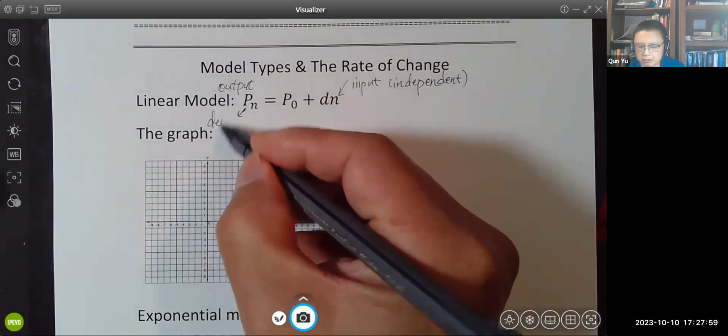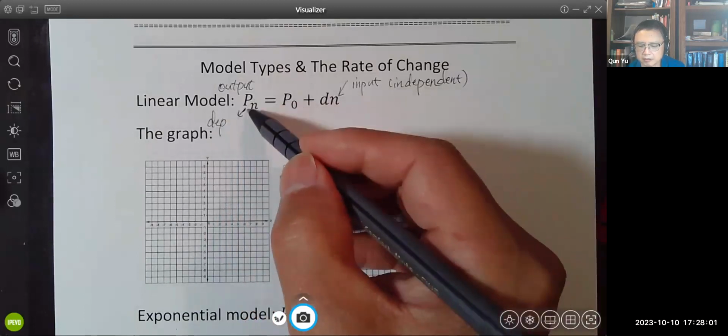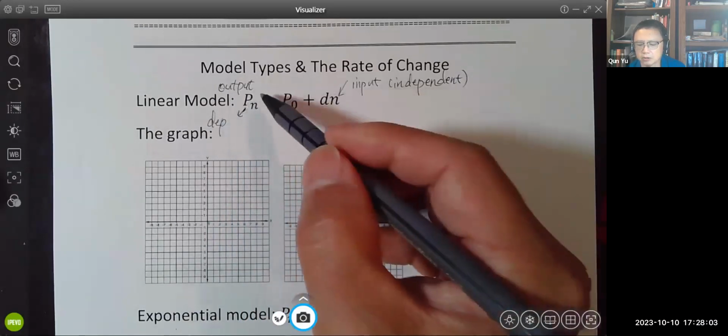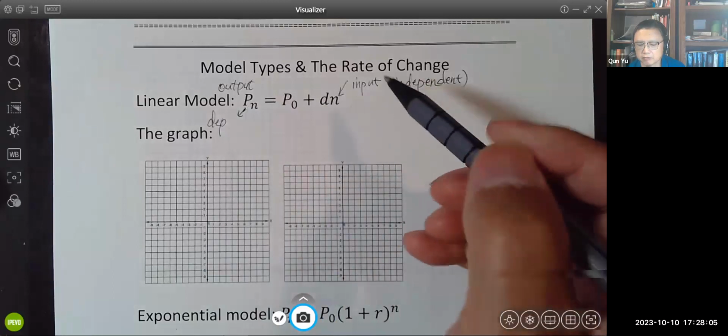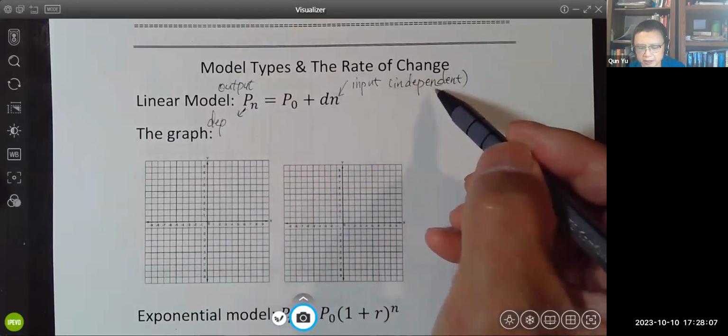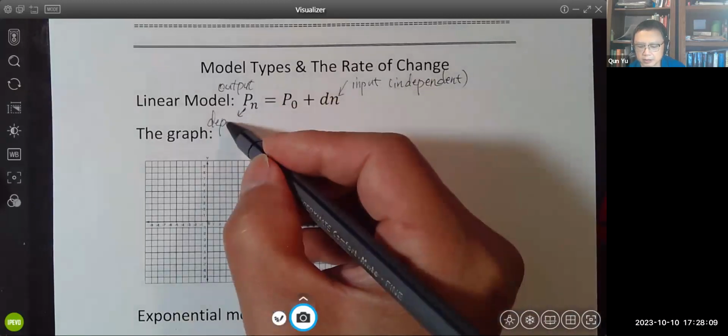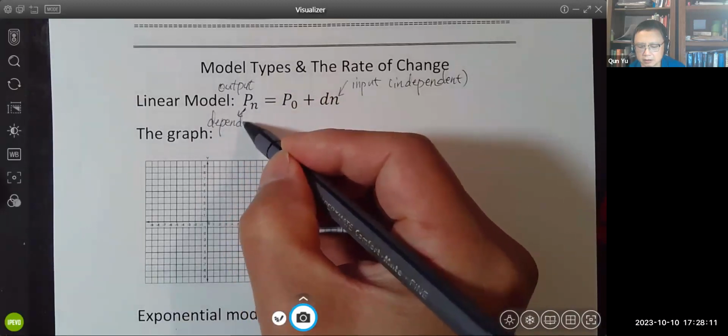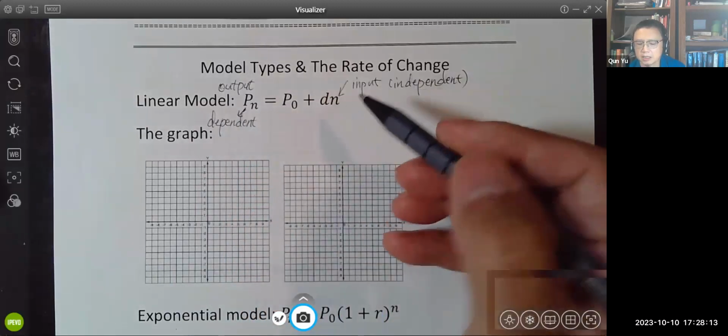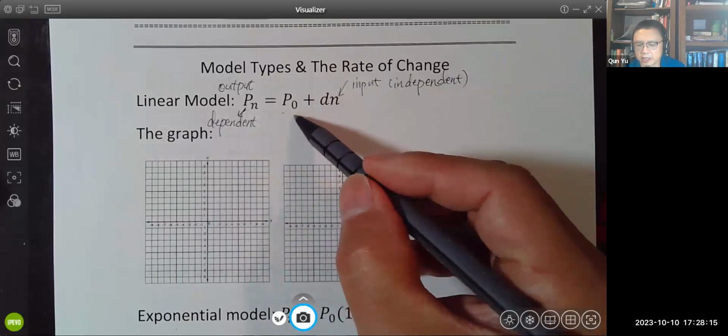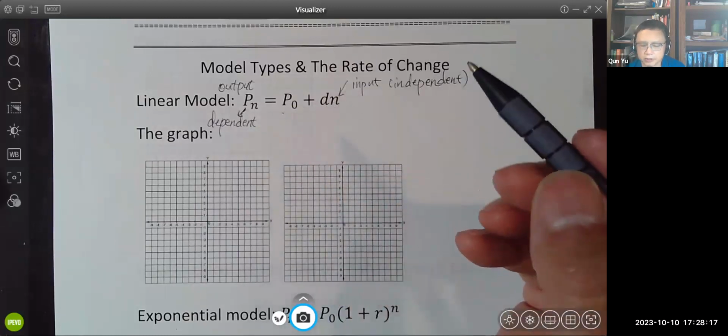So it makes sense, right? The dependent variable, the output, always depends on the input. That's why the input is called independent and the output is called dependent. And P0 is the initial value, and d is called the growth rate.